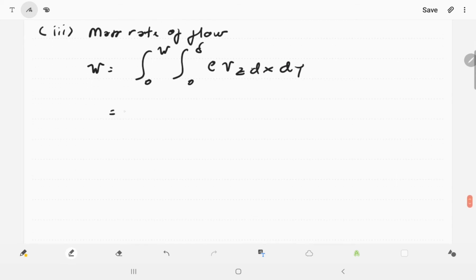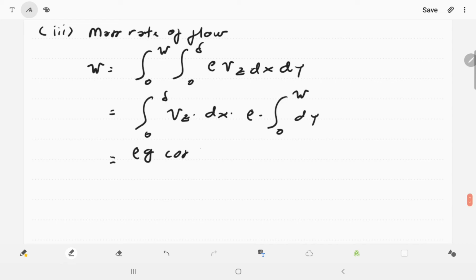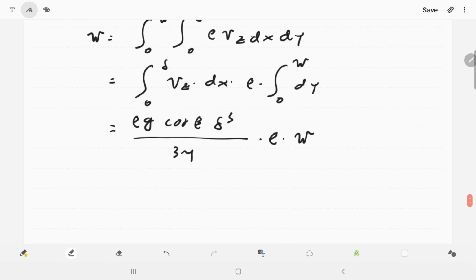Okay, so you'll be able to split this one. So this will be the integral of Vz dx times rho times the integral from 0 to W of dy. Okay, so this will become rho g cos beta divided by 3 mu, times rho, multiplied by W.